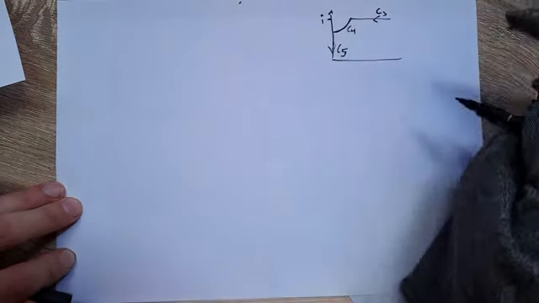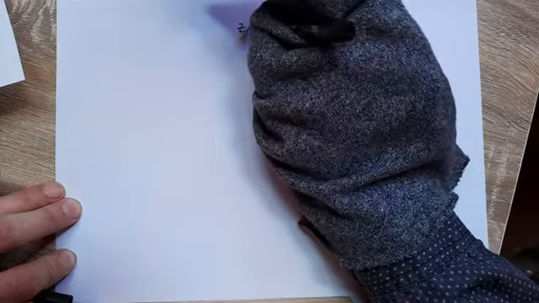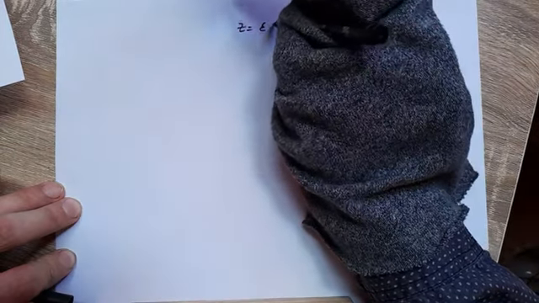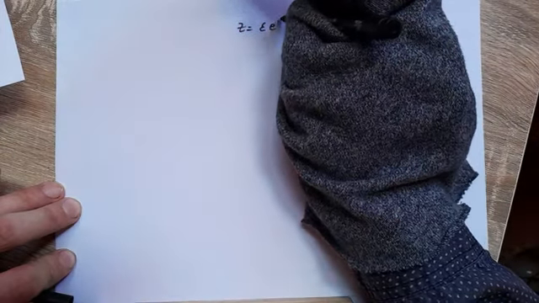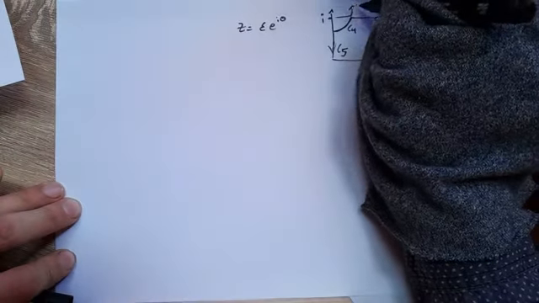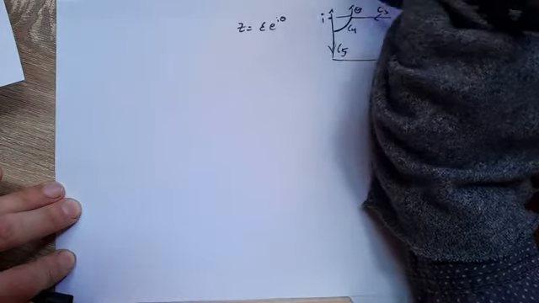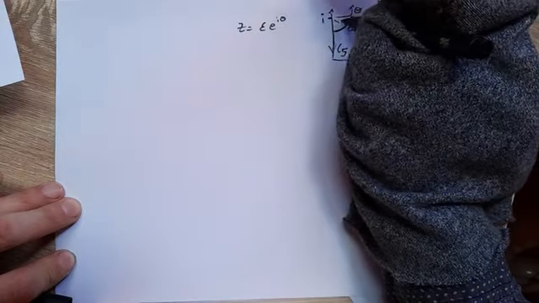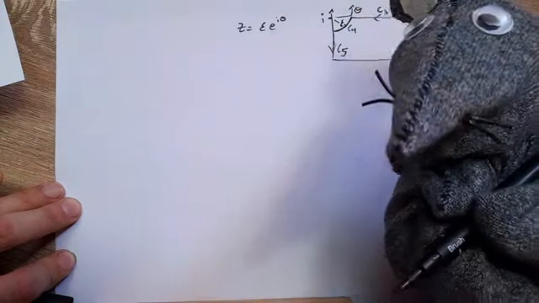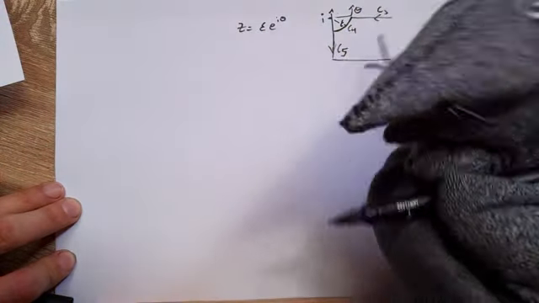So then we will choose c equals epsilon times e to the I theta, where theta is the angular coordinate in the usual polar coordinates, and epsilon is the radius of the arc segment.